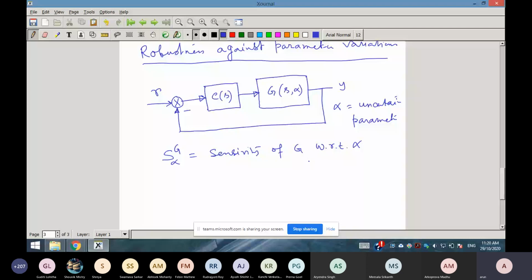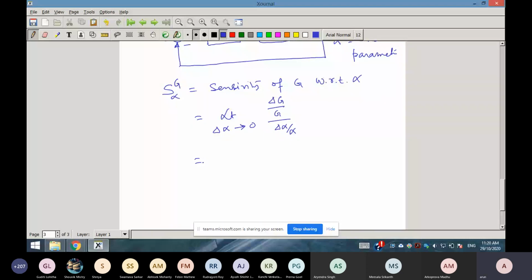This I will define like this: limit delta alpha tends to 0, del G by G divided by del alpha by alpha. So this is your sensitivity.